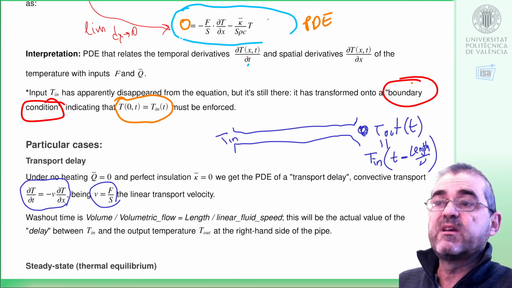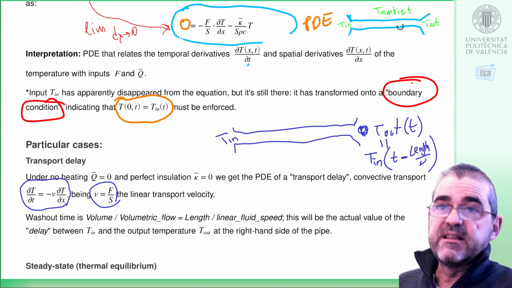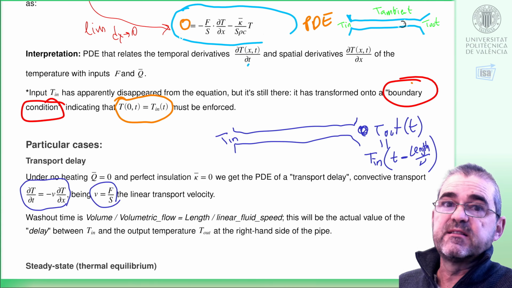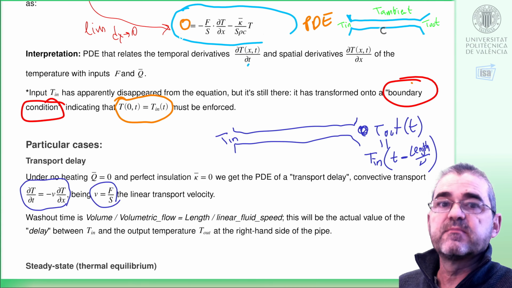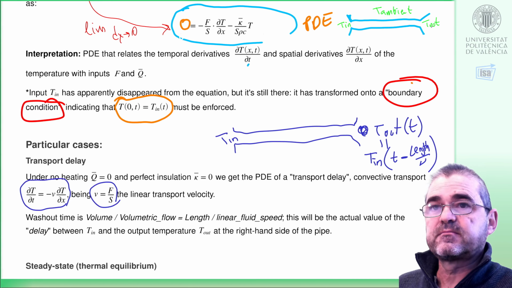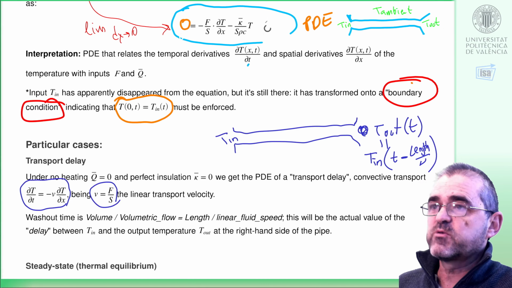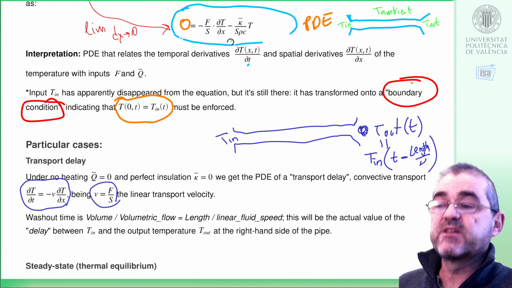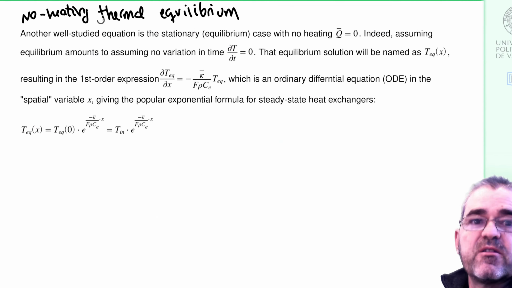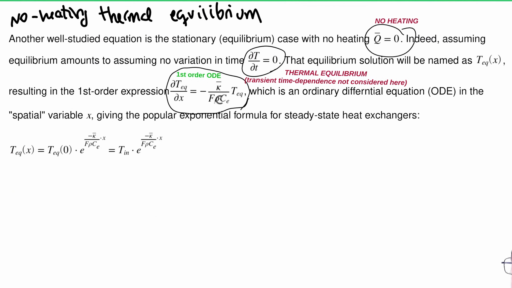Furthermore, if we had no heating, this would be the equilibrium equation of a heat exchanger losing heat or gaining heat power if the ambient is hotter on a pipe. This is also a famous heat exchanger equation because, well, the solution to this is an exponential. So the no heating thermal equilibrium solution is the solution to this equation.